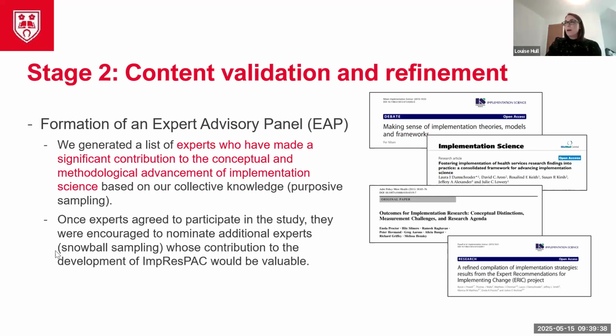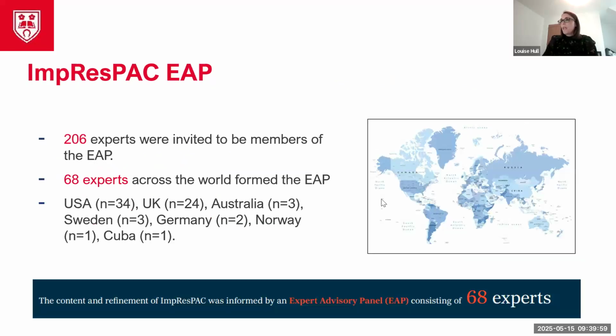We used key publications to identify those experts, as well as our collective knowledge. And then once experts had been approached and agreed to participate, we encouraged them to nominate additional experts whose contribution to the development and refinement of ImpResPAC would be of value.